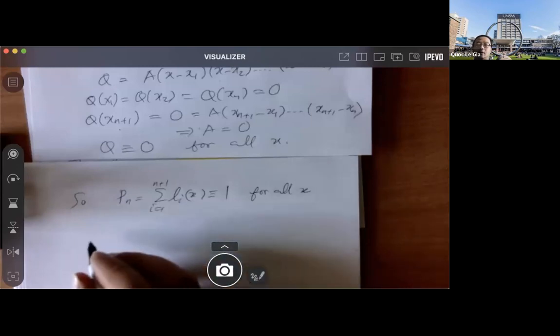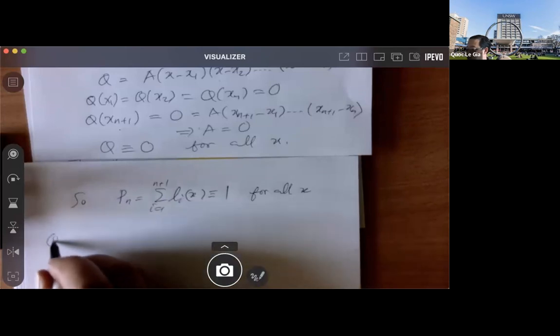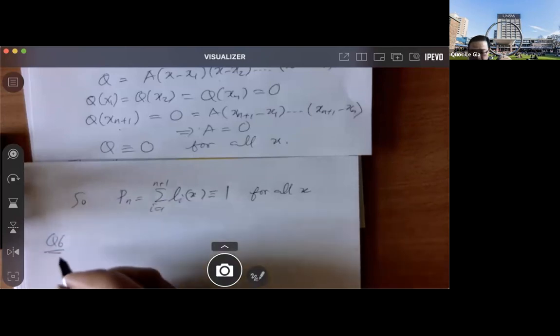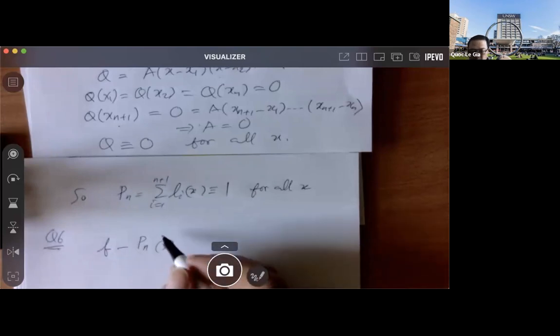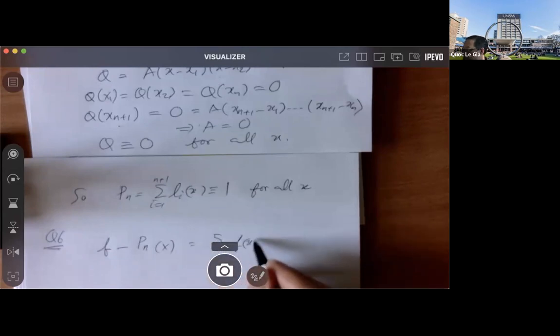Okay, question 6 is just an application of question 5. Suppose f is interpolated at x1 up to x(n+1). Then f minus Pn just equals the sum of (f of x minus f of xi) times Li.